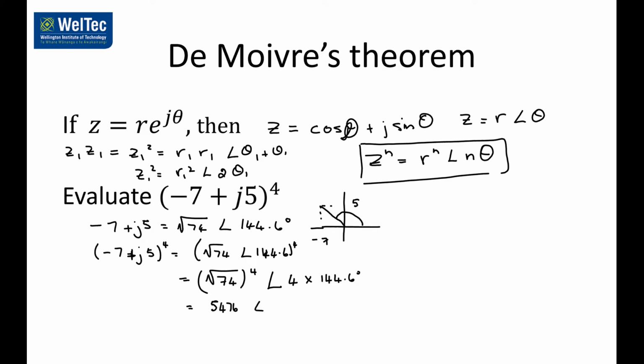And 4 times 146 would be 500 and something, 577.84. Now, if we were considering that theta was between 0 and 360 degrees, then we'd have to rewrite that slightly so that it was 5476 angle. Okay, so we take off 360, 577 minus 360 would give us 217.84.